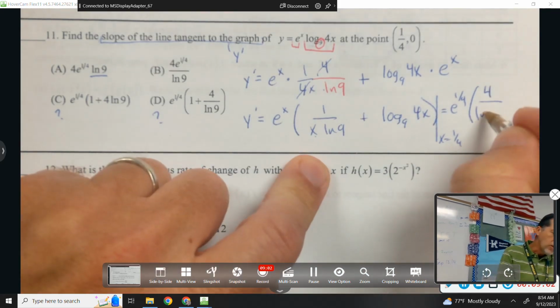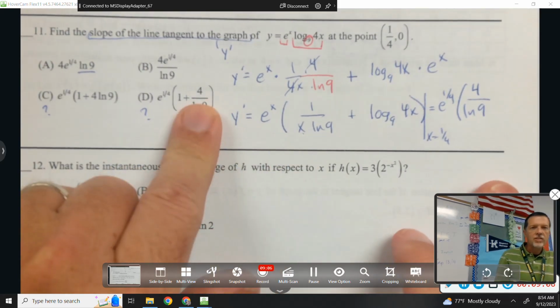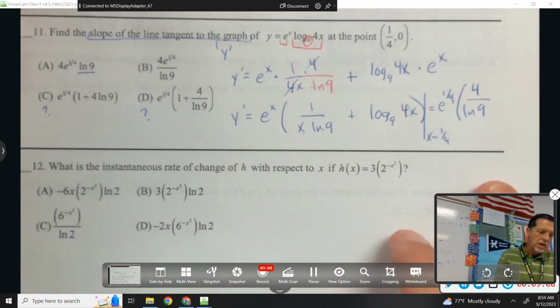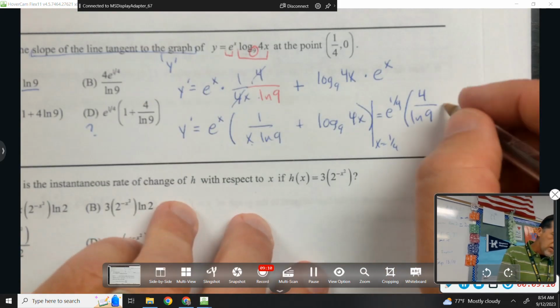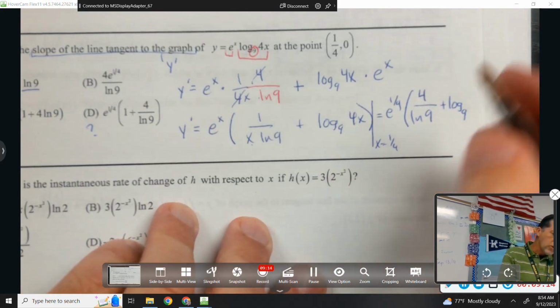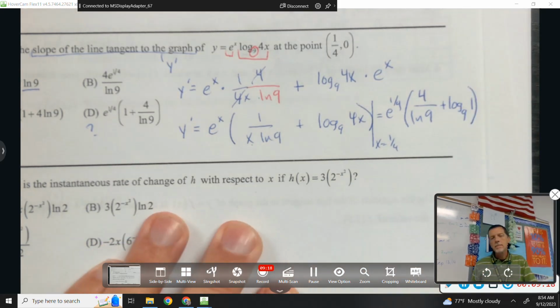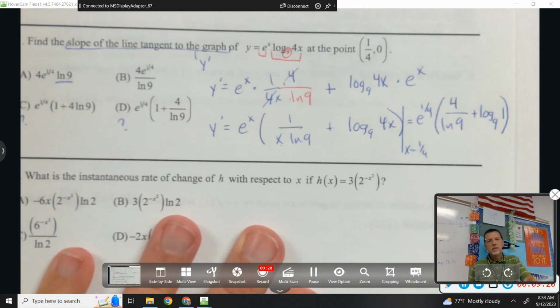So 4 over natural log 9. So that's looking like answer choice D, maybe. Plus log base 9 of 4 times the 4th is 1. So that doesn't look exactly like D yet, or C.